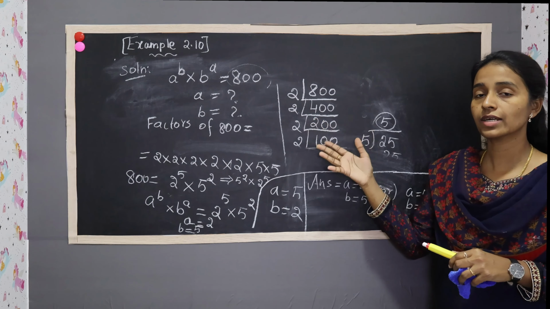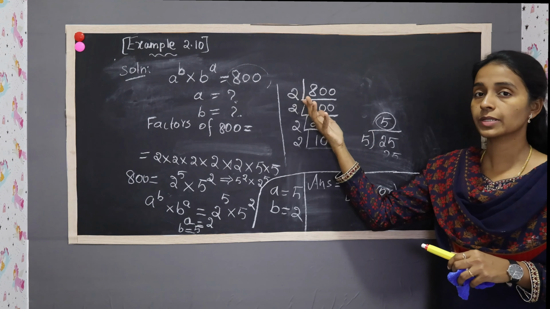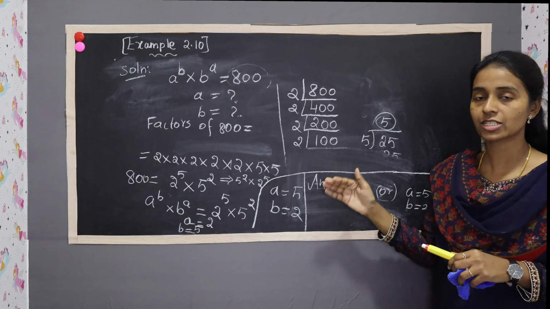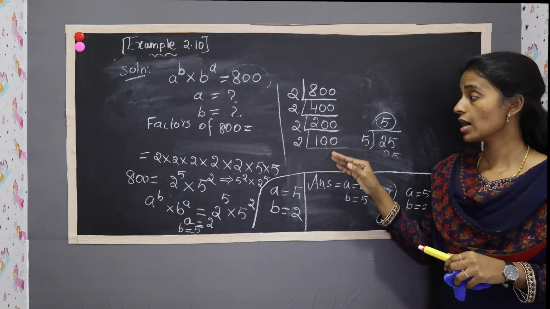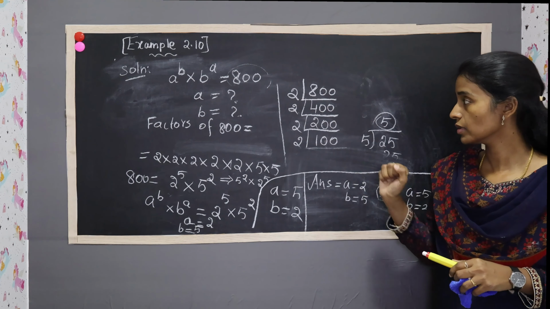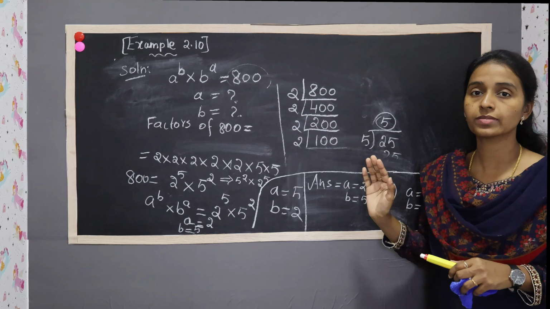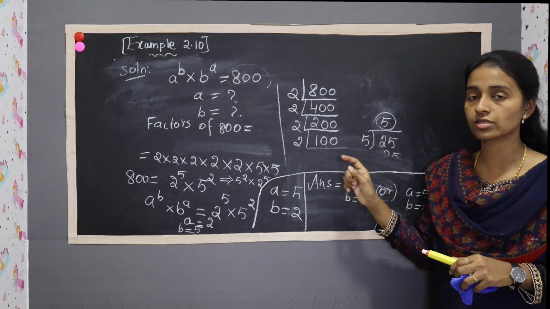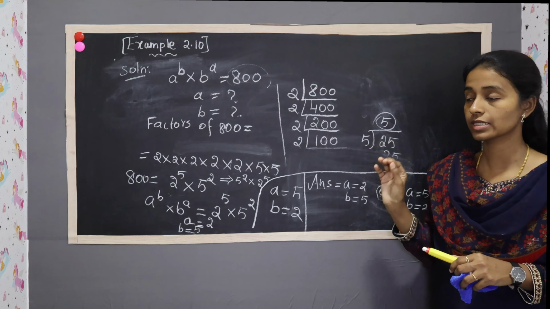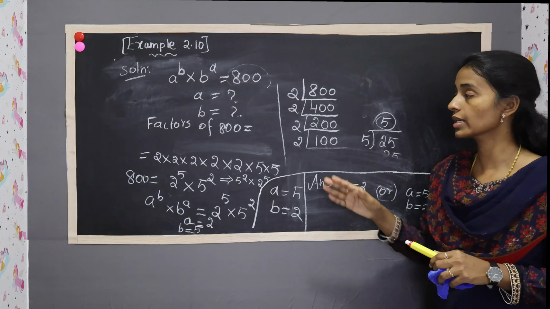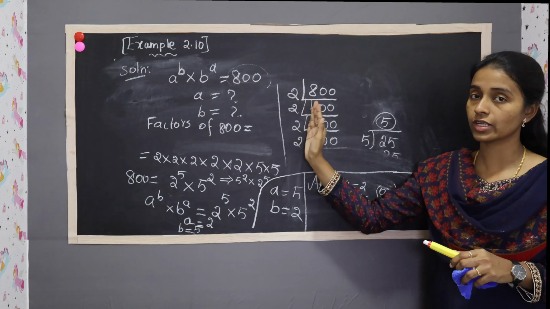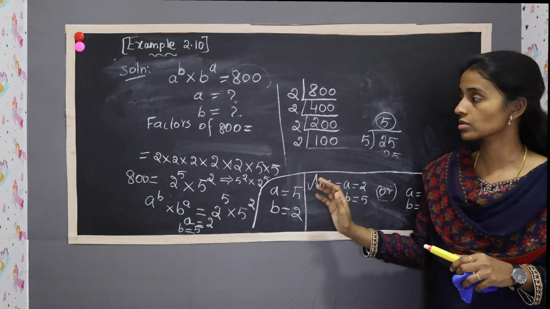Because it is dividing the particular numbers completely. That's why I am taking these numbers. Okay. And you have to continue the process until we reach the number 1. Okay, and whatever numbers we have outside are called factors.